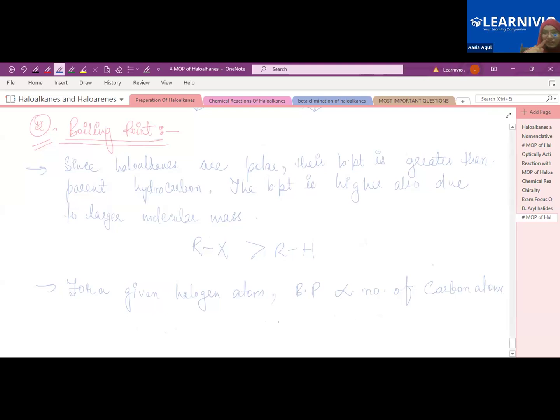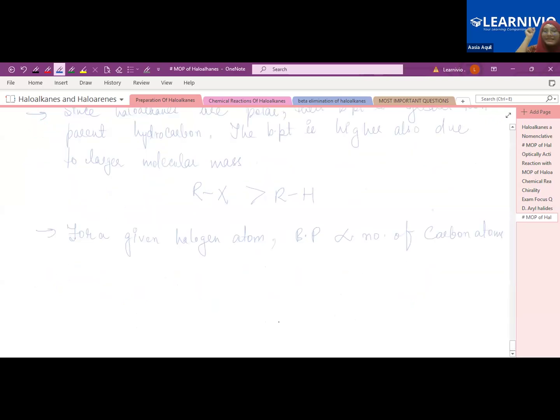The condition is that the halogen atom should be the same. If one molecule has chlorine, the second molecule should also have chlorine, not iodine, because iodine has a higher molecular mass as compared to chlorine or bromine. That's why, for the same halogen atom, the boiling point is directly proportional to the number of carbon atoms.